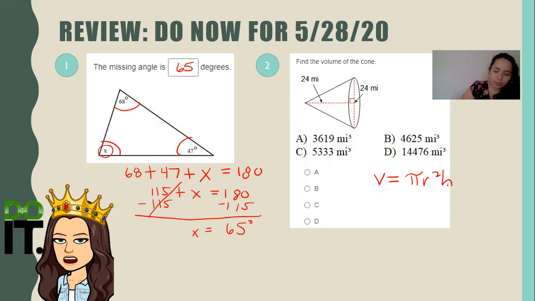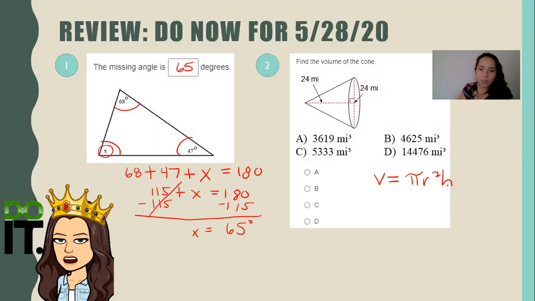Probably that one, yeah. But I could tell that it actually has the radius. Oh, it has the diameter, but you need the radius? Yeah.